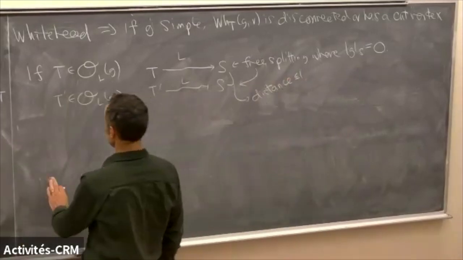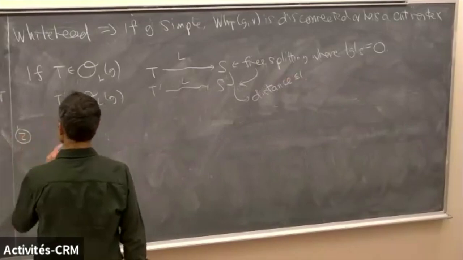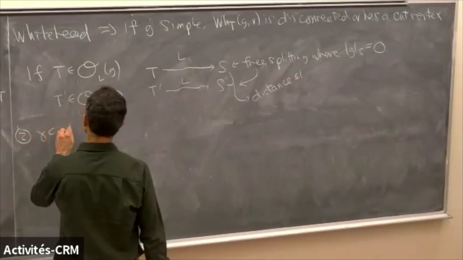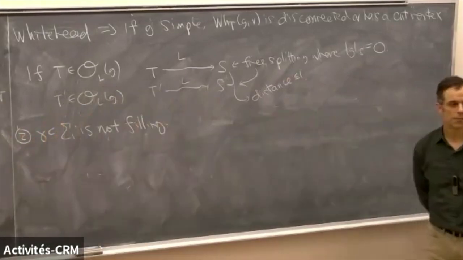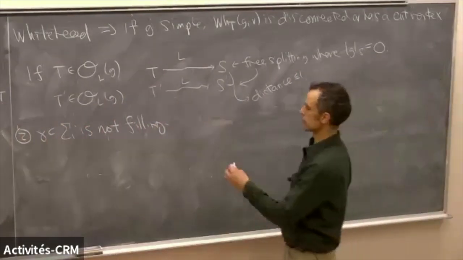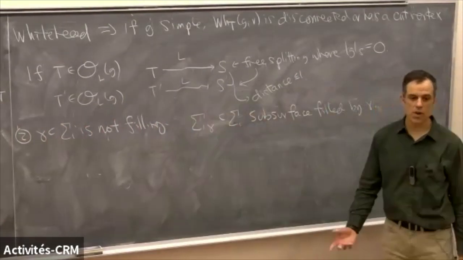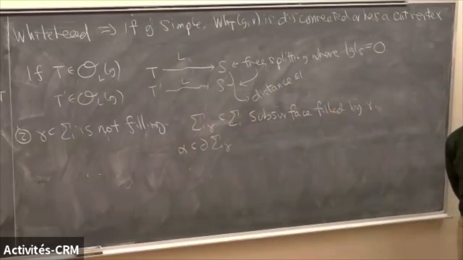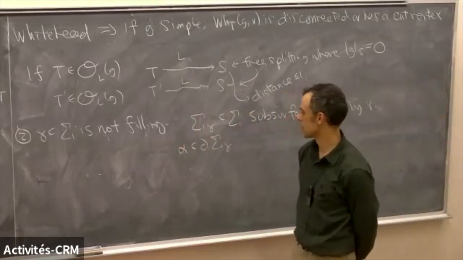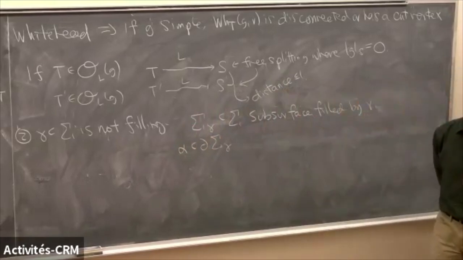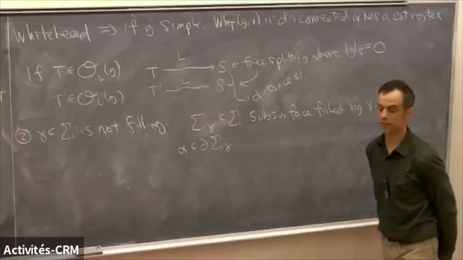So what's the next case then? The next case is when your curve on sigma is not filling. Well, if it's not filling, it fills some subsurface, and I can look at one of the boundary components. That boundary component is simple, and the length of that boundary component is going to be bounded by the length of gamma on any hyperbolic metric.